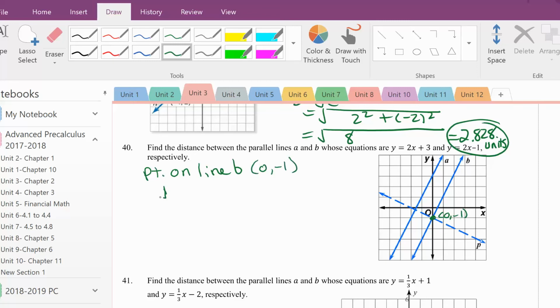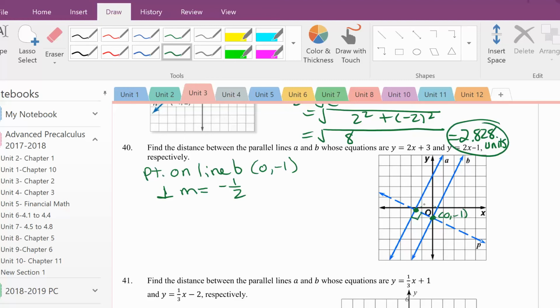And remember the perpendicular slope, since the lines both have a slope of 2, the perpendicular slope would be negative 1/2, which means you go up 1 and to the right 2.